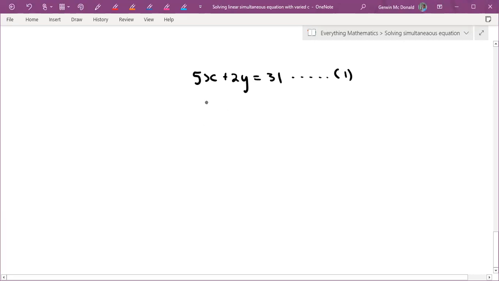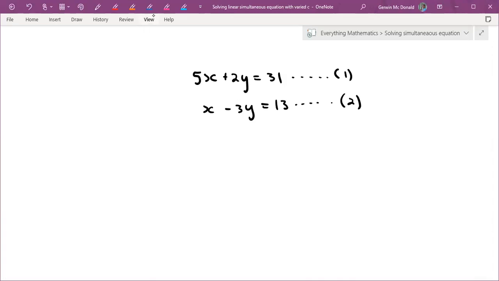I copied the wrong thing. So you have 5x plus 2y is equal to 31. Yes, and below I have x minus 3y is equal to 13. Let's see if this one works out nice. But again, this time I want to deal with y, so I want to make the coefficient of y the same.